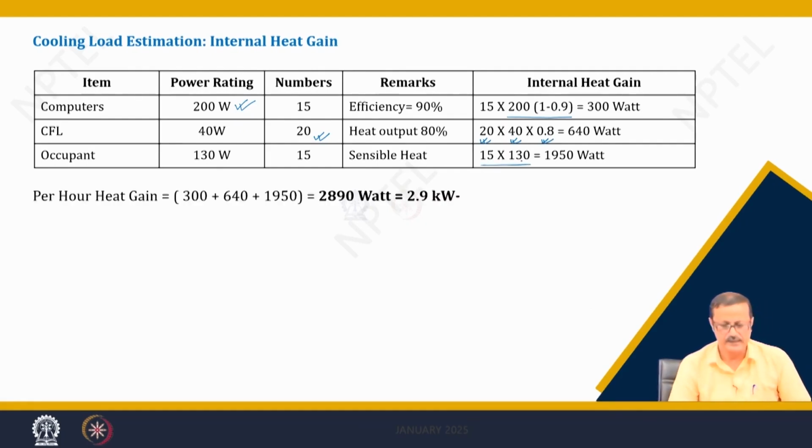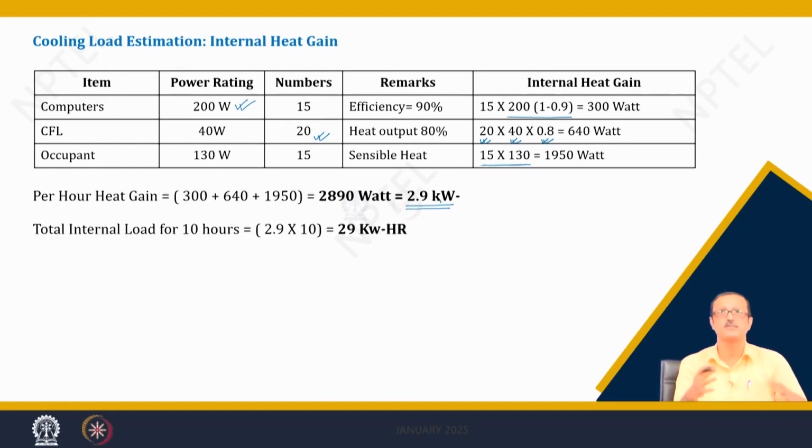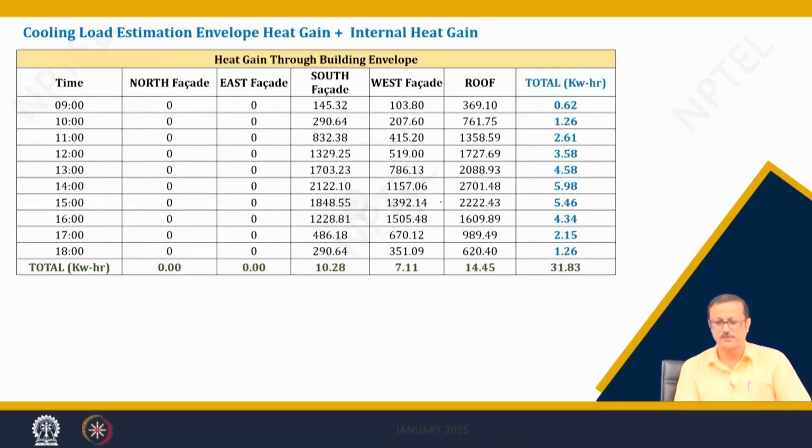So, in total I can add up, and per hour almost 2.9 kilowatt will be the heat gain due to this internal gain. And there are 10 hours, so multiplied by 10, 29 kilowatt hour will be the total heat gain for this room due to the internal load.